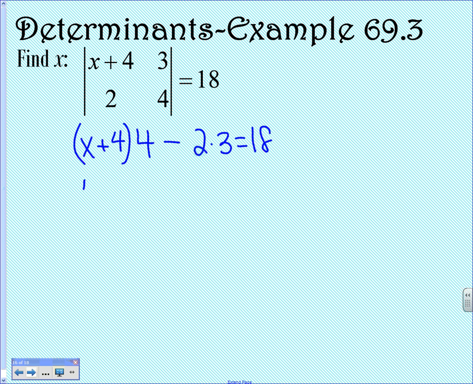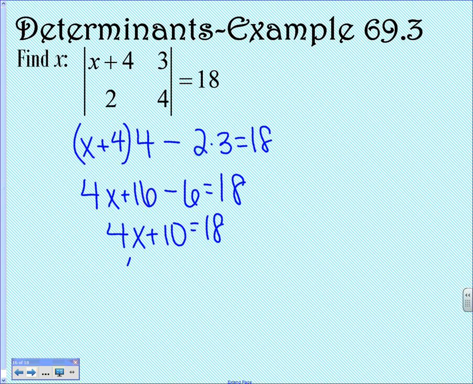Okay, so 4x plus 16 minus 6. So what would 4x equal? So what would x equal? Do y'all see how that works? Okay, so 2 would be your answer.